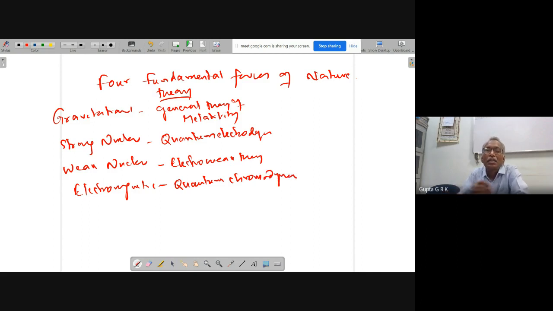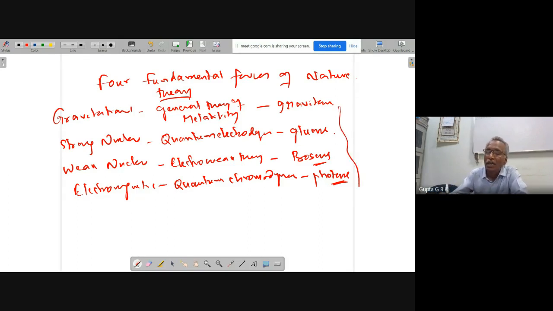And the particles that deal with this, we know that these are photons. Photons are the particles due to which the electromagnetic forces exist. In the same way, we have gravitons for gravitational force, and these are called gluons, and these are called bosons, W bosons, Z bosons, like that. Okay, these are the particles, and they are called mediators.